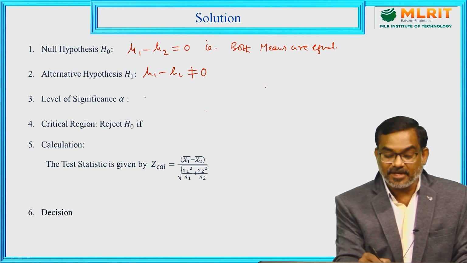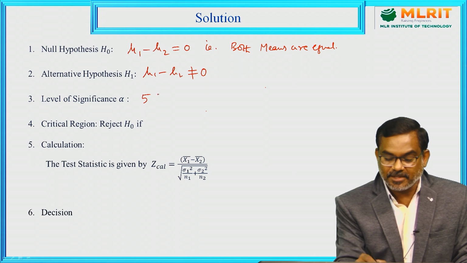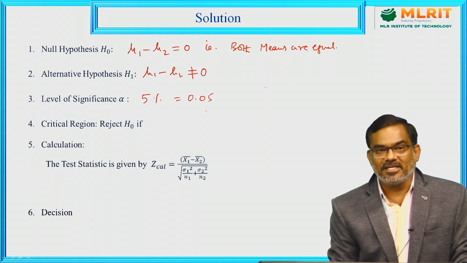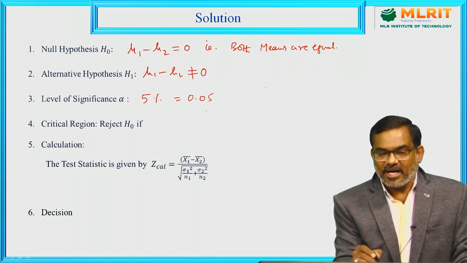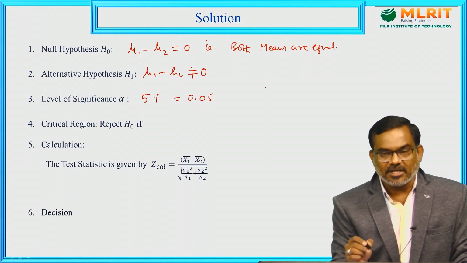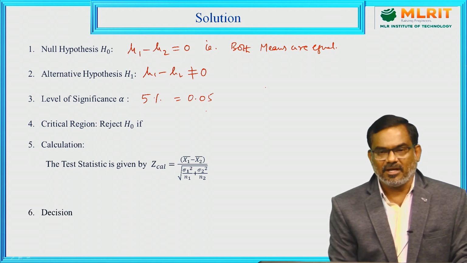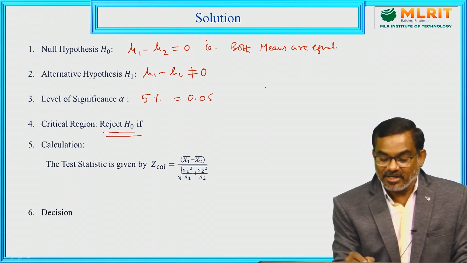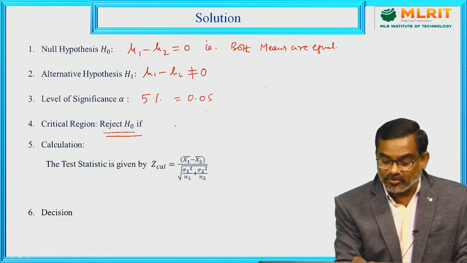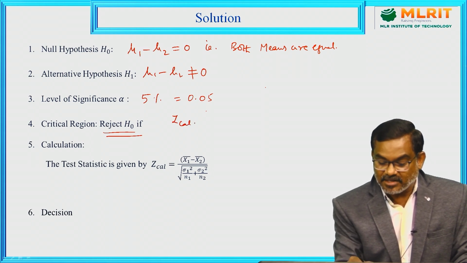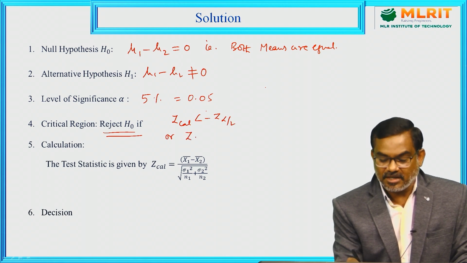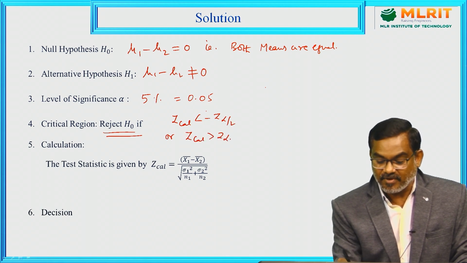Level of significance is given alpha 5%, so which is equal to 0.05, and critical region, here we write the condition when we reject the null hypothesis, when we accept the null hypothesis. And rejecting null hypothesis, reject H naught if, since it is not equal to type, Z calculated is less than minus Z alpha by 2 or Z calculated is greater than Z alpha by 2.